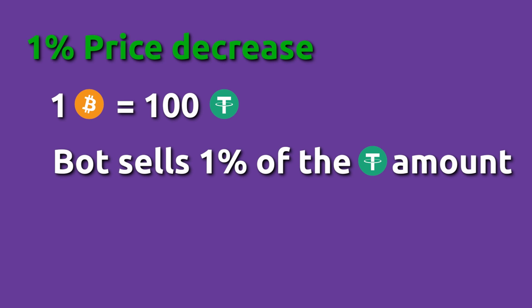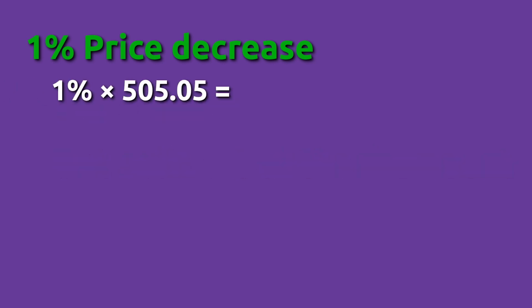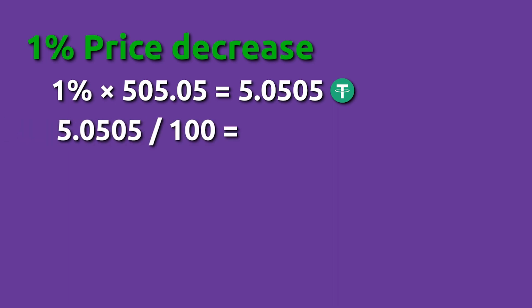Now let's imagine that the price goes now back down by 1%. So BTC is now worth 100 USDT and the bot sells 1% of the USDT amount. That's 1% times 505.05, which is equal to 5.0505 USDT, and buys therefore 5.0505 divided by 100, that's equal to 0.050505 BTC.